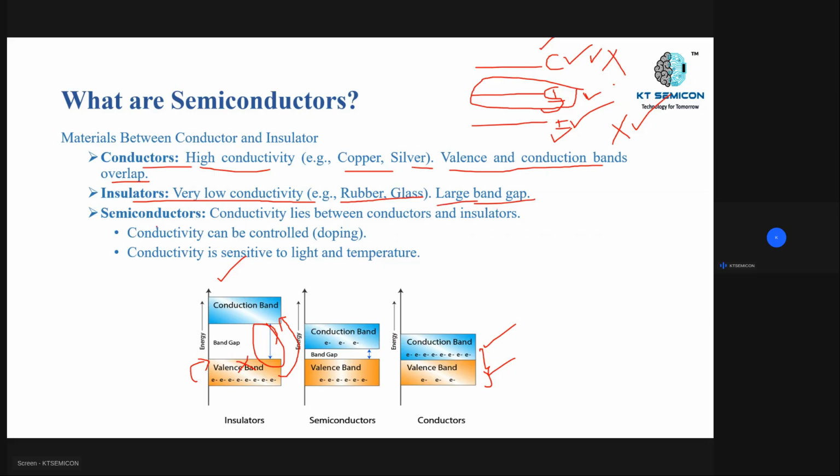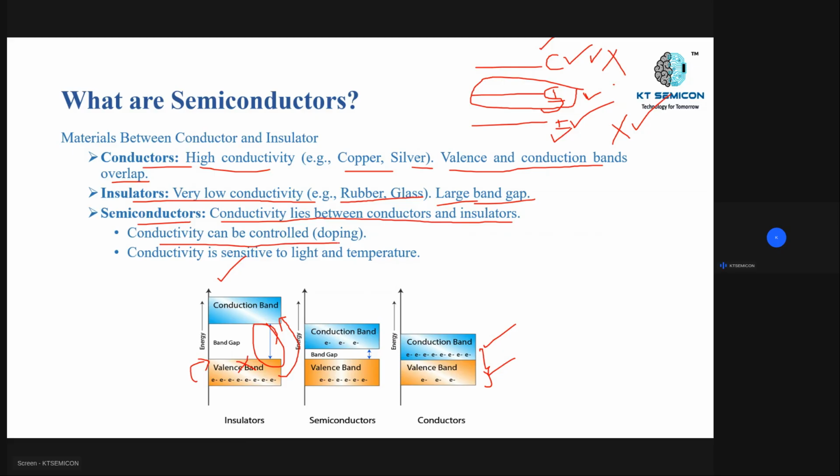Coming to semiconductors, their conductivity lies in between conductors and insulators, right? The band gap is not as large as in insulators, but it is less than... rather, it is smaller than in insulators and larger than in conductors. So semiconductors are in between insulators and conductors, and conductivity can be controlled. See here, we can control the conductivity.